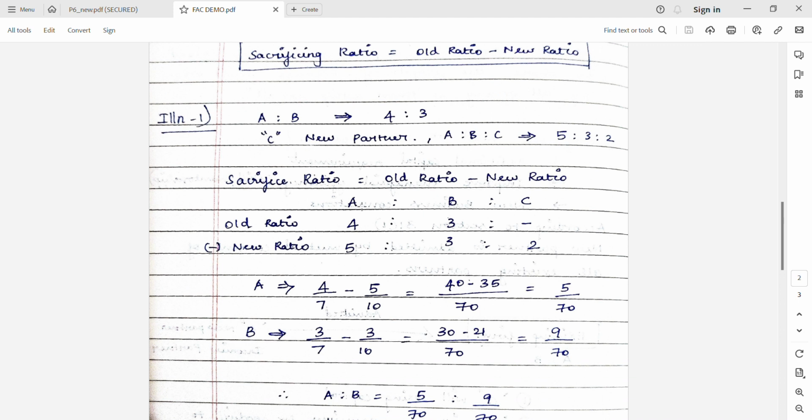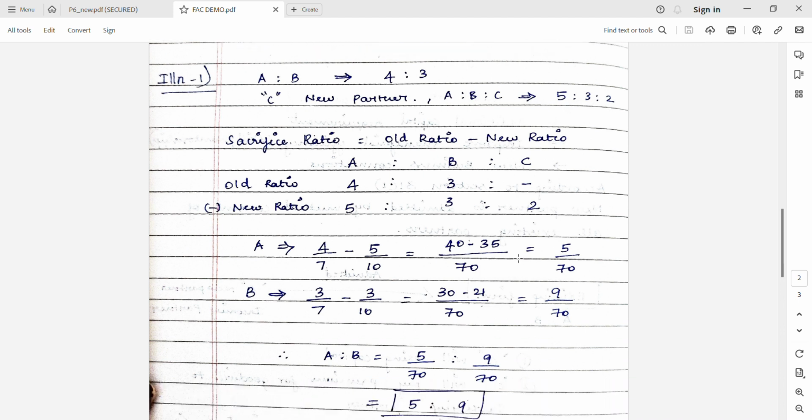So for A, B, C, the old ratio and new ratio have been listed down. For calculating A and B's sacrificing ratio, we have to find old minus new. So the old ratio will be 4/7 minus the new ratio 5/10.